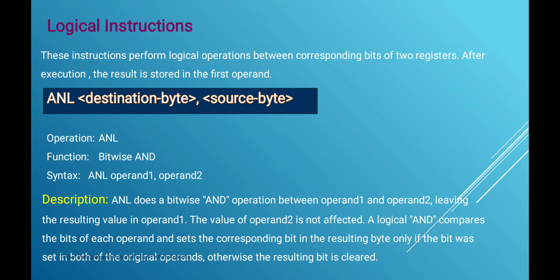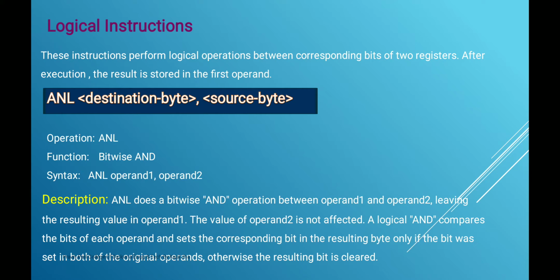Suppose, for example, the accumulator contains C3H and register R0 contains 55H, then the instruction ANL A, R0 gives the result 41H in the accumulator. If you perform this operation on your PC, then you have to see the output.